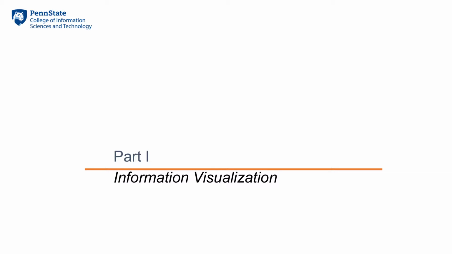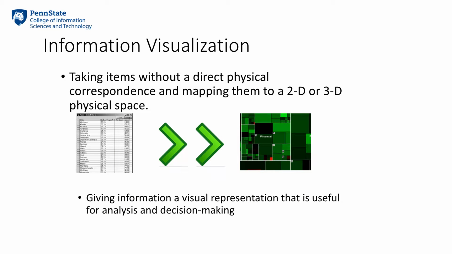Next, we'll focus our discussion on information visualization. Information visualization can be considered as the process of taking some data that's already in a tabular form into a visual representation. The difficulty here is that the data will usually have a large number of attributes. We call them dimensions.